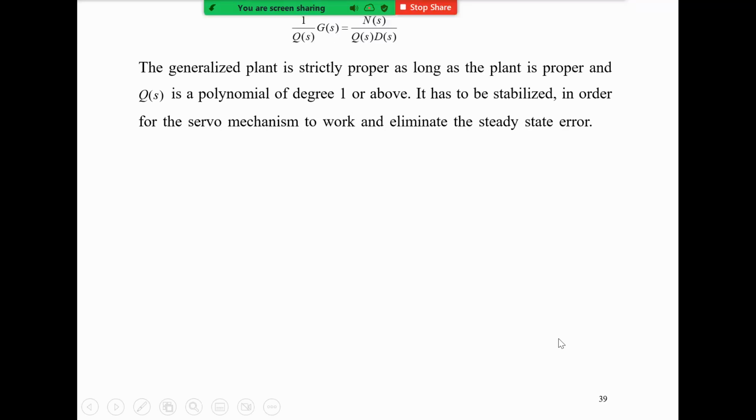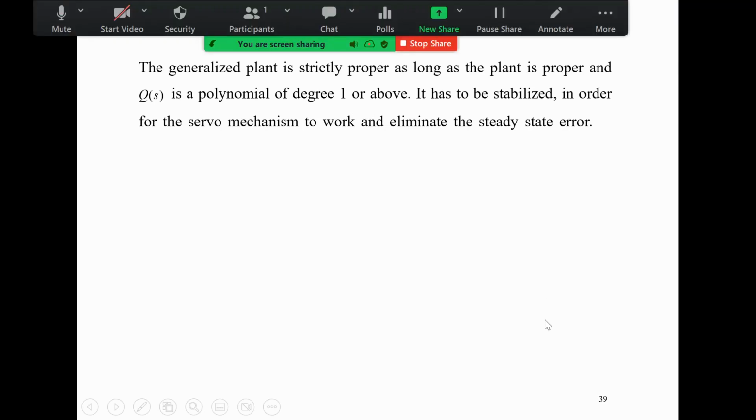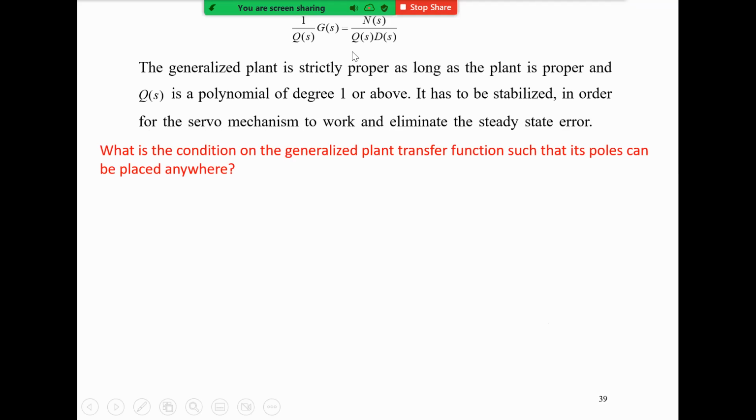Now, what's the second step? The second step is that we have to stabilize this generalized plant. Now you have a new plant, with the transfer function given. And then the problem becomes, how do we place the poles of the generalized plant at some desired position?